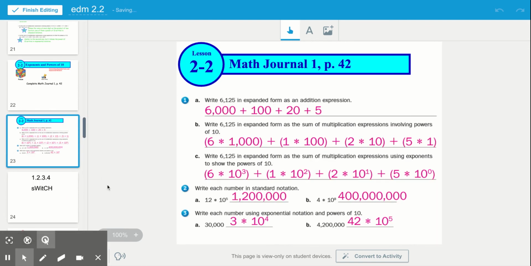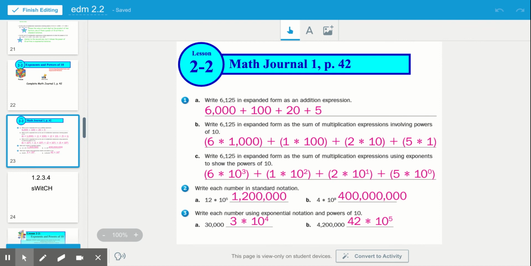And finally, on page 42, number 1, you've got 6,000 plus 100 plus 20 plus 5. Then you can see that it goes to 6 times 1,000 plus 1 times 100 plus 2 times 10 plus 5 times 1.